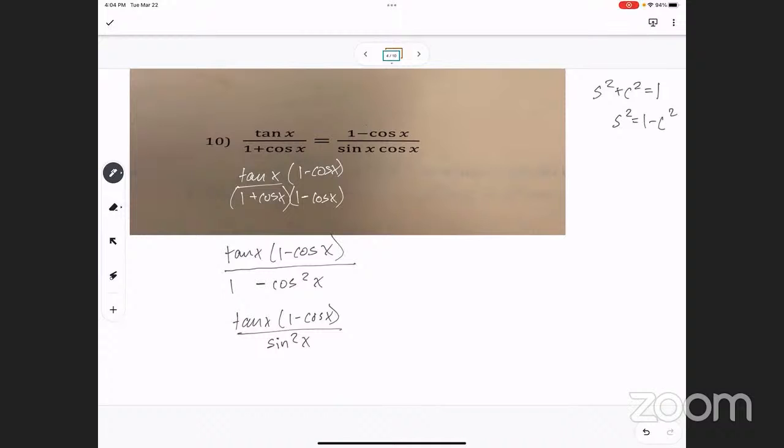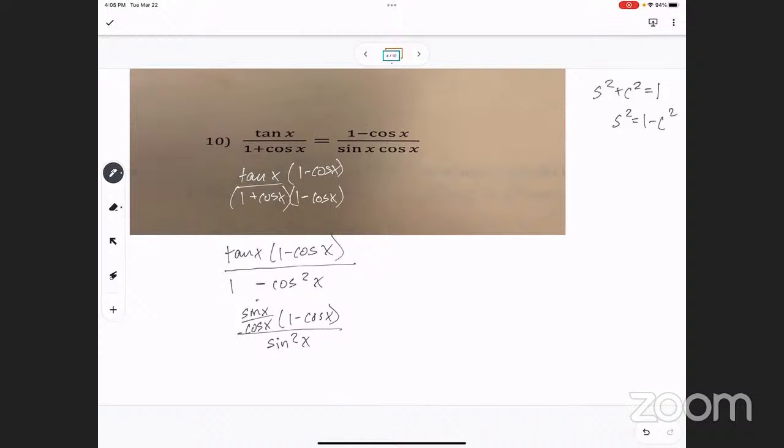All right. Now, at the same time, I'm going to rewrite tangent as what? Sine x over cosine x. You all good with that? Like, can you cancel?